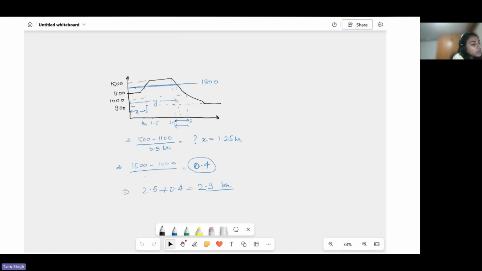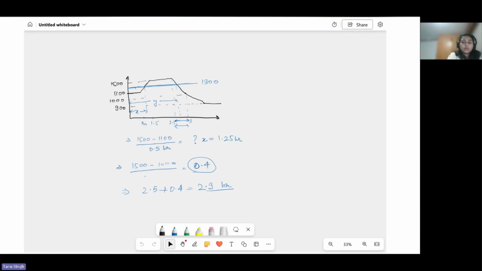The capacity is 1300. So firstly we need to find the value of x. How to find the value of x?